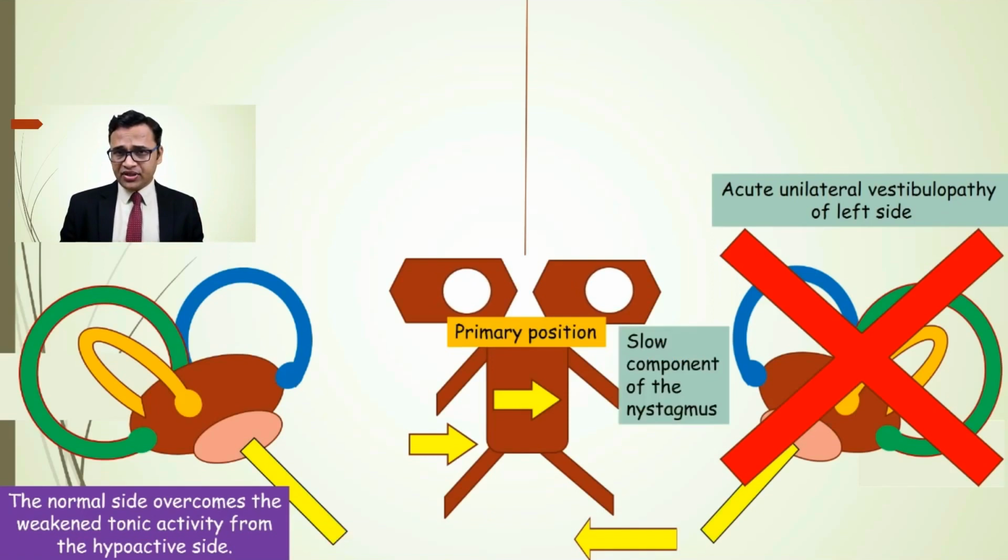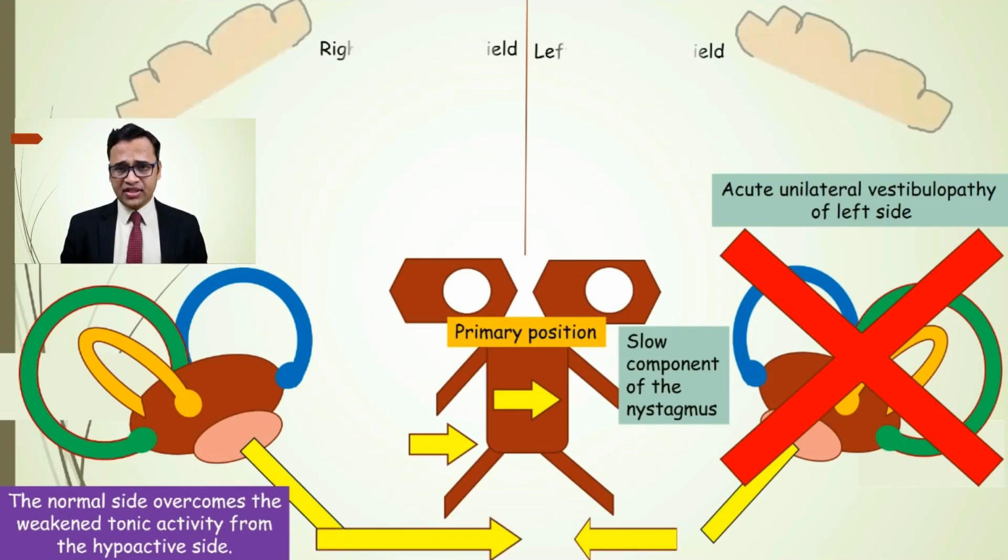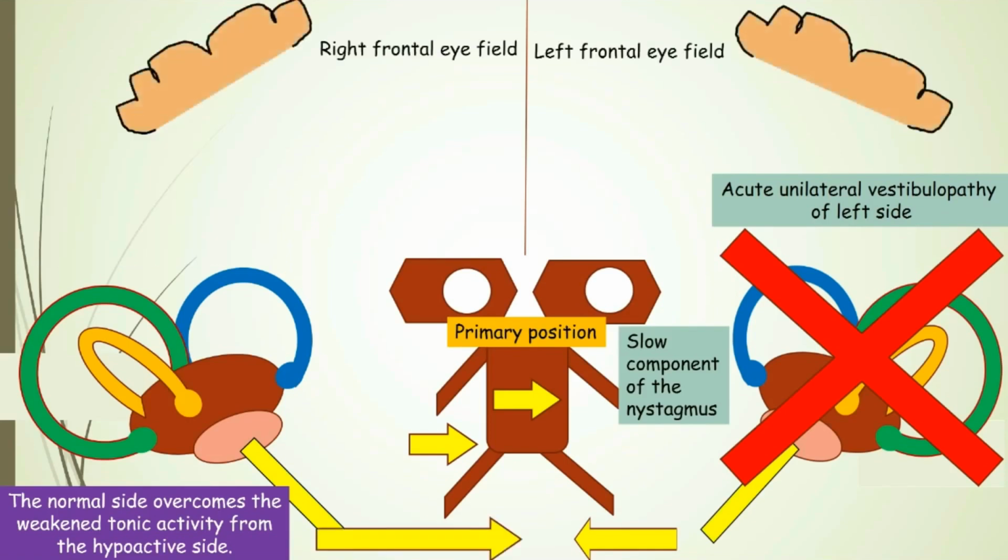This tonic eye deviation towards the left side forms the pathophysiologic basis of slow component of the nystagmus. In an alert patient, this tonic eye deviation to left is detected by left frontal eye field with the help of proprioceptive impulses coming from the eye muscles.